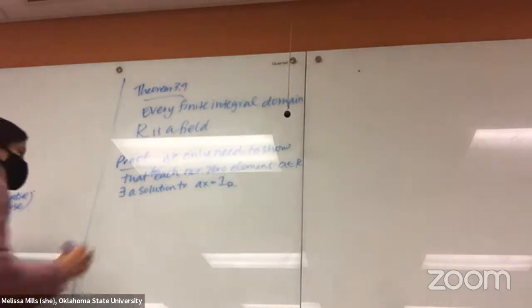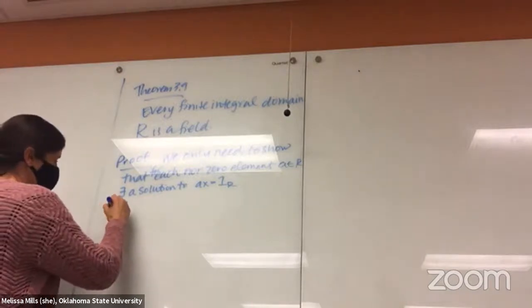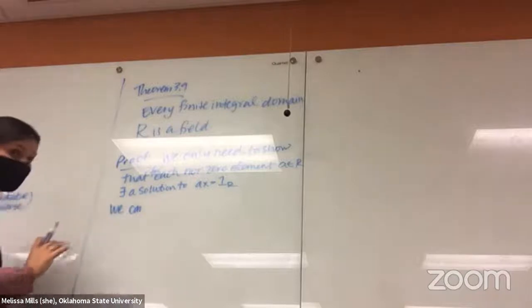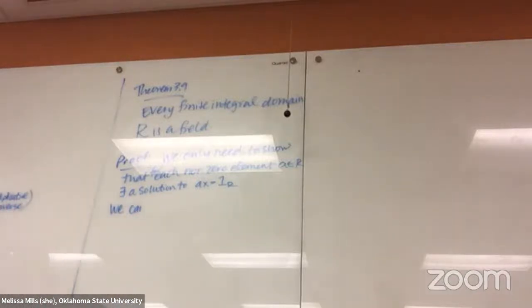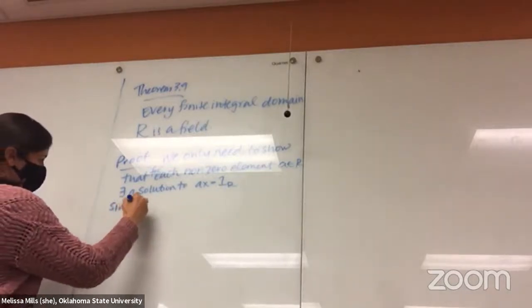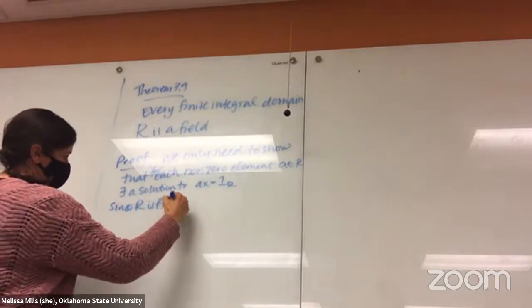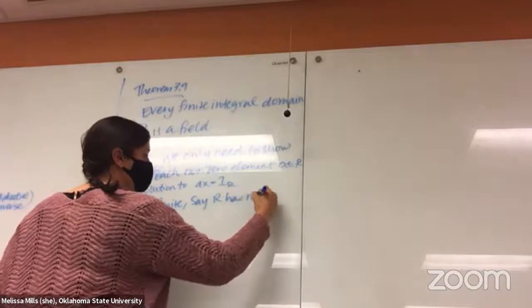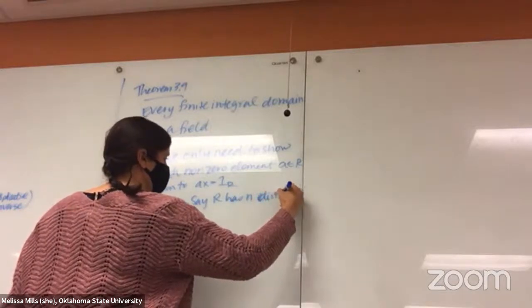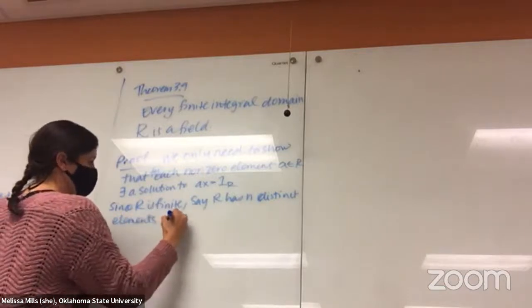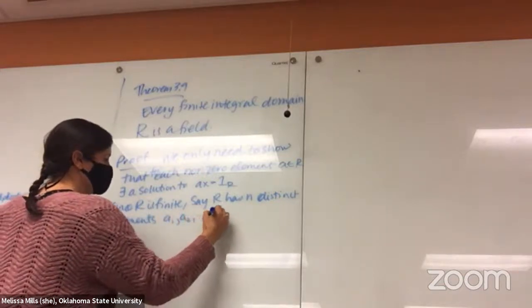So we can assume, since R is finite, that R has n distinct elements A1, A2, up through AN.